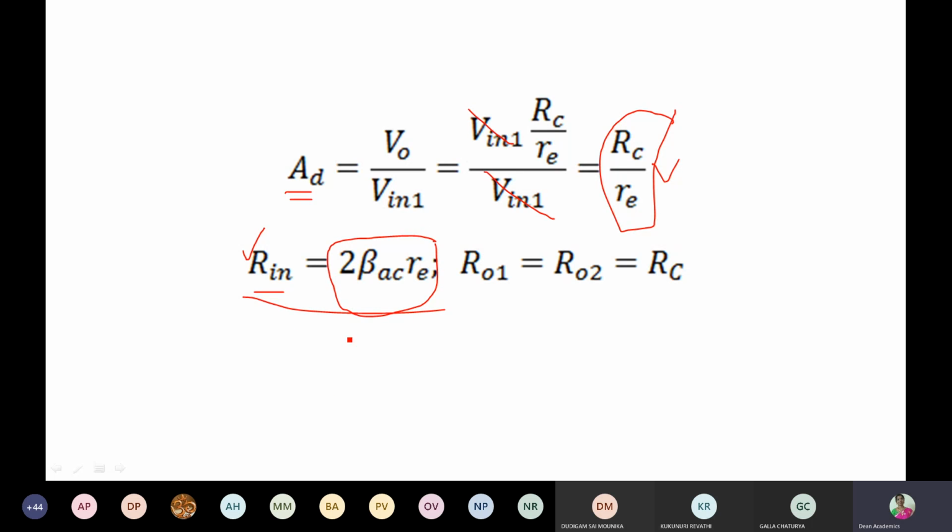Have you written this intermediate step? Rin is equal to Vin1 by IB1, right? IB1 is equal to IE1 by beta AC. Therefore, in place of IB1, you write IE1 by beta AC. Now what is IE1?